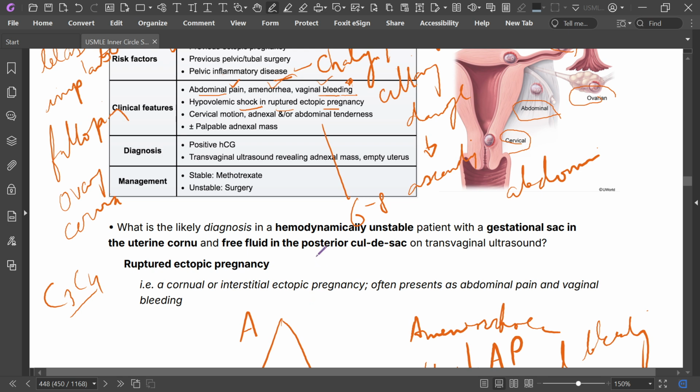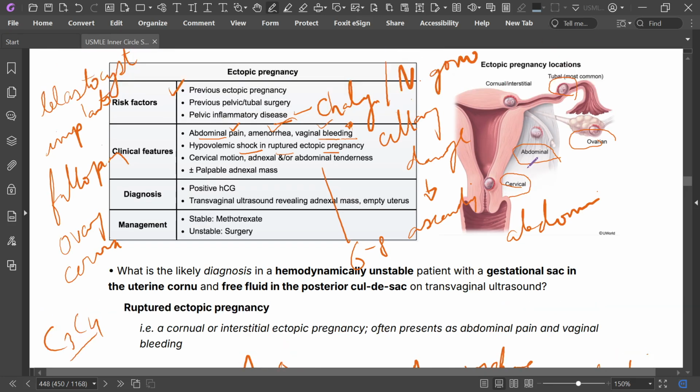Rare presentations can happen, like ovarian ectopic pregnancy, abdominal ectopic pregnancy, cervical ectopic pregnancy, and interstitial ectopic pregnancy. What are our differentials?